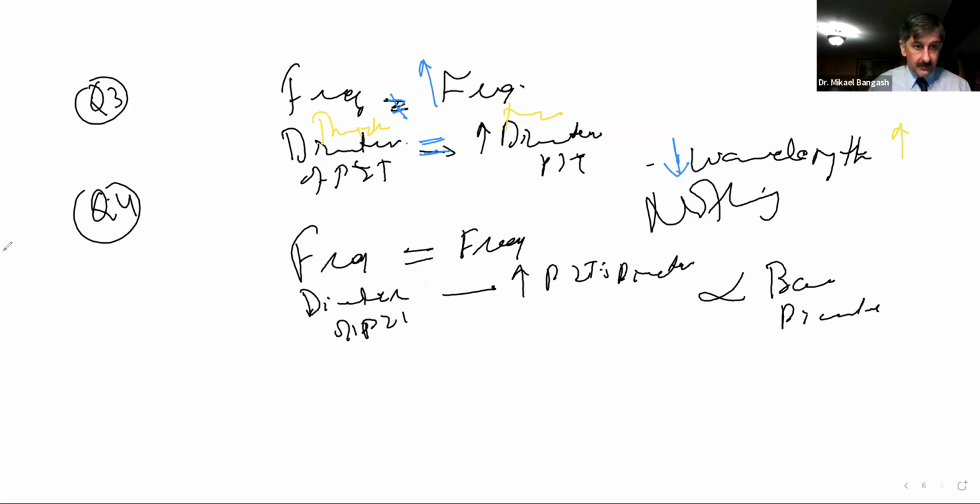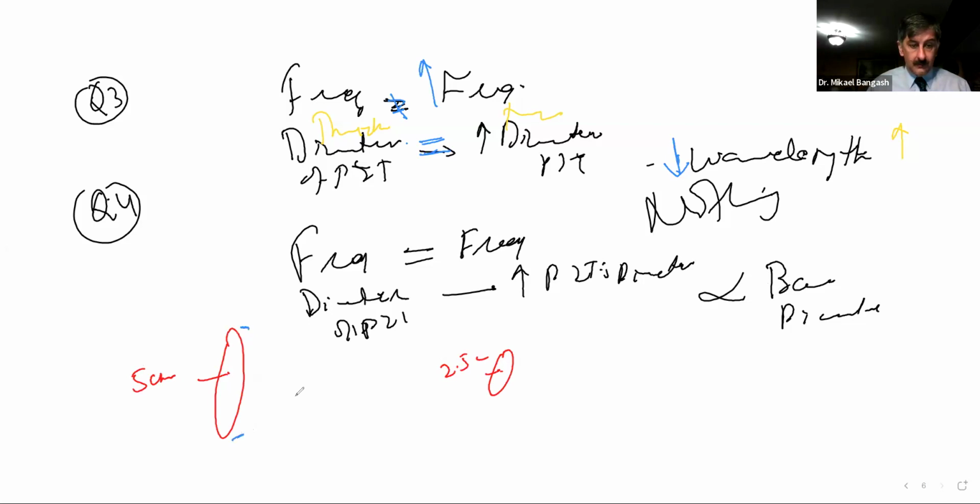Now just look at it in this way. Let's say we have a 5 centimeter PZT, and we have a 2.5 centimeter PZT. Clear? Now here they're not asking us what happens to the focal depth or something like that, but the diameter.